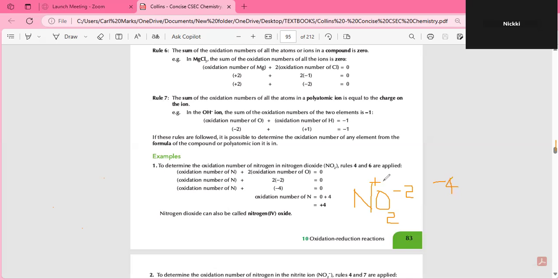You need +4. So this is why nitrogen would have a +4 oxidation number. So it's an easy way to decipher it. We look at rules 4 and 5, applying them here. That's our example there. I hope you understand that example.